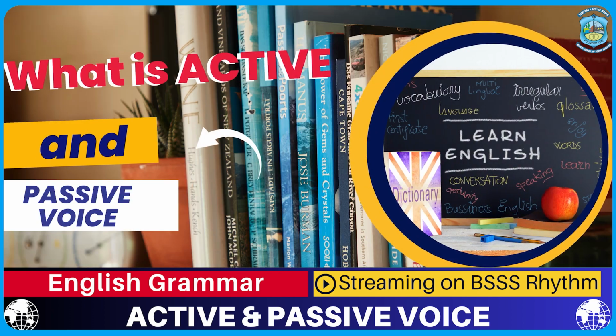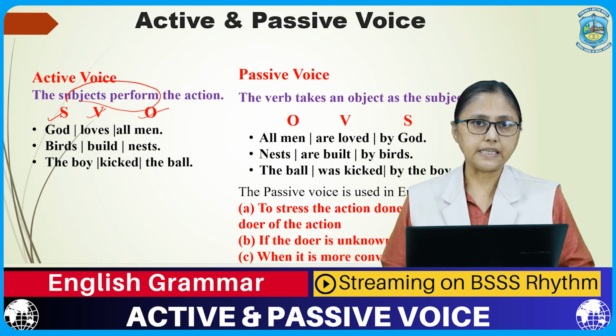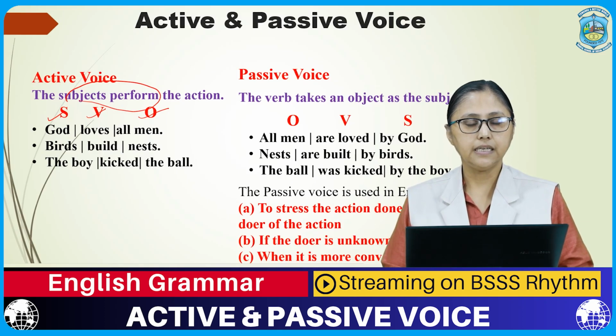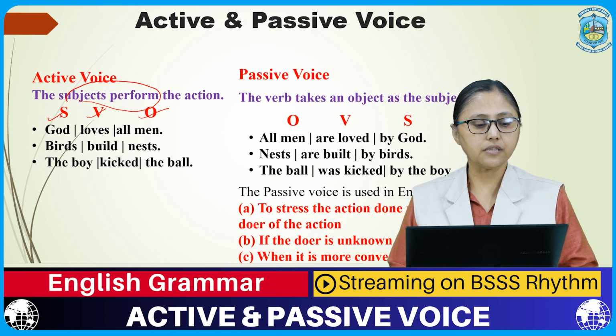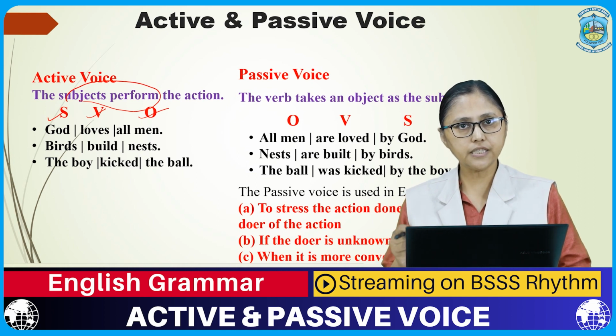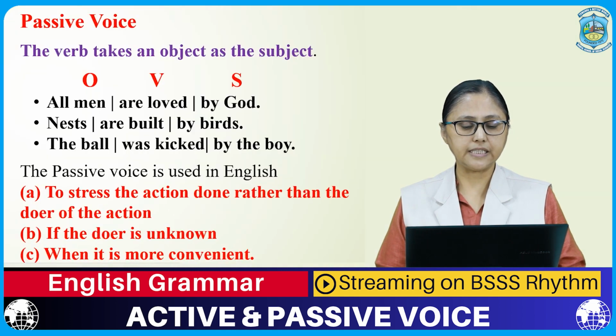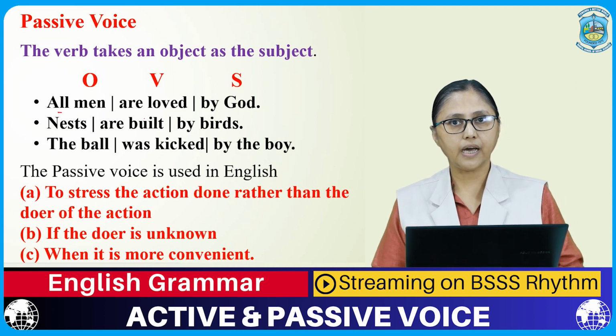Now, let us move to passive voice. A passive voice sentence takes the object of the active voice sentence as its subject. So, we have God loves all men as active voice. If we change it into passive voice, the sentence will be all men are loved by God.